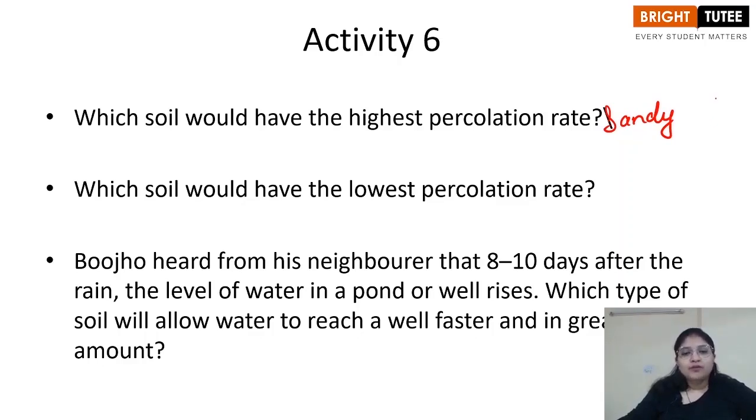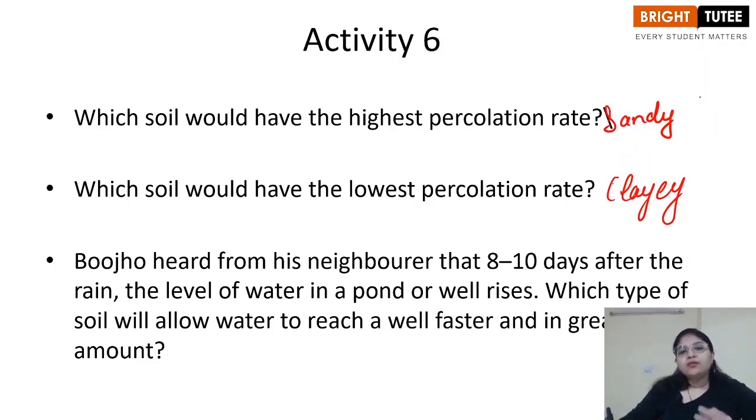Which soil would have the lowest percolation rate? This also we have seen that the clay soil has the lowest percolation rate. Now, another question is, Bujo heard from his neighbor that 8 to 10 days after the rain, the level of water in a pond or well rises. Which type of soil will allow water to reach a well faster and in greater amount?